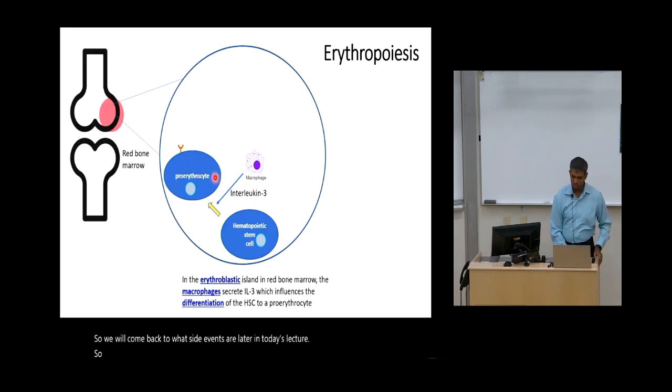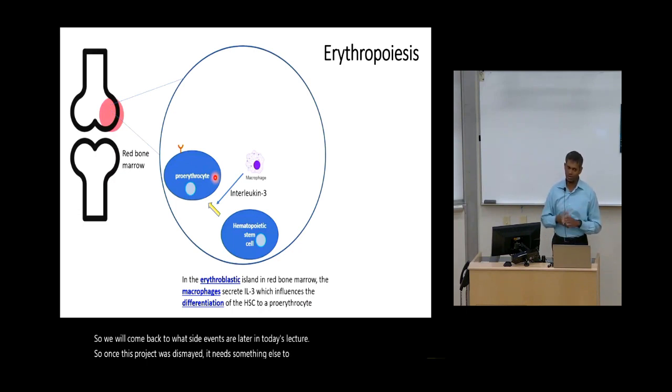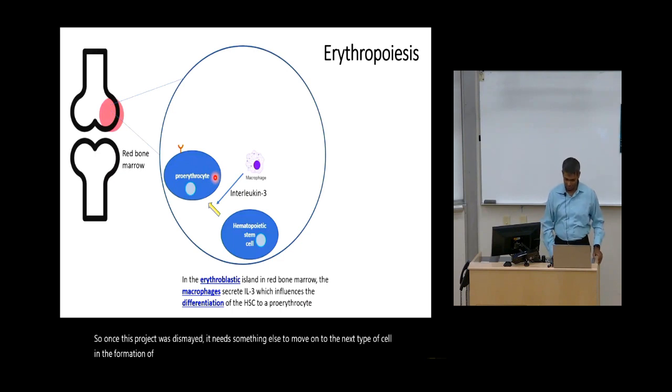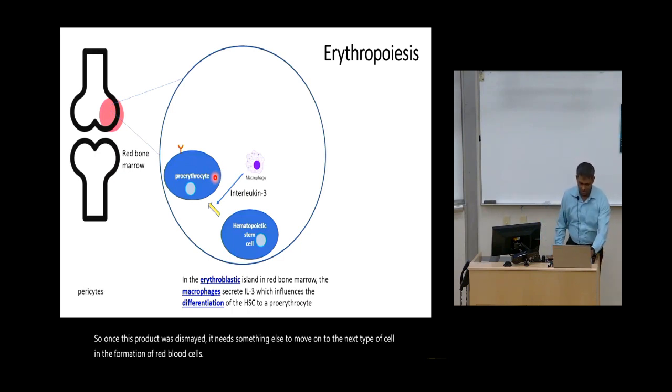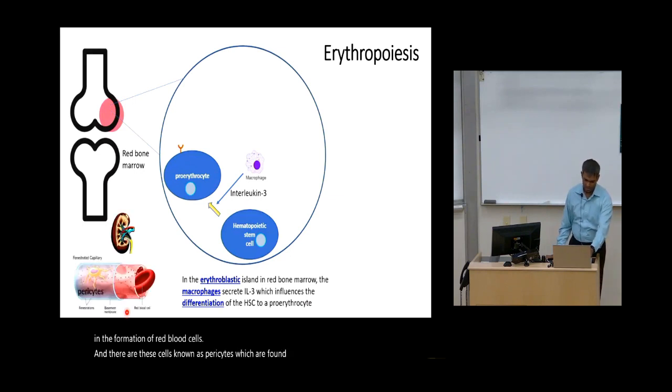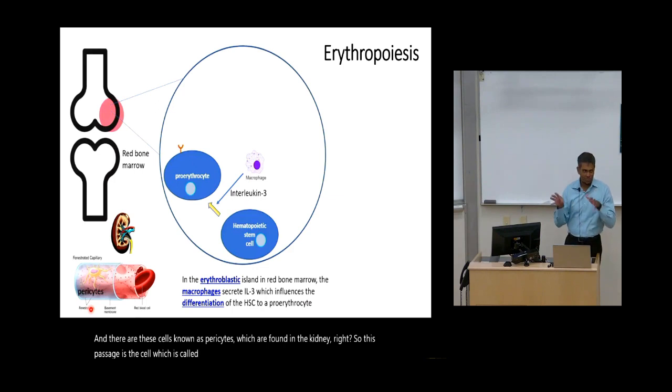So once this proerythrocyte is made, it needs something else to move on to the next type of cell in the formation of red blood cells. And there are these cells known as pericytes, which are found in the kidney. This pericyte is the cell which has a number of projections arising from it.